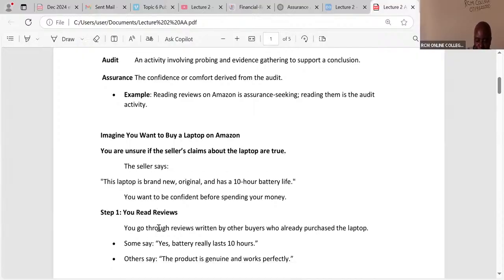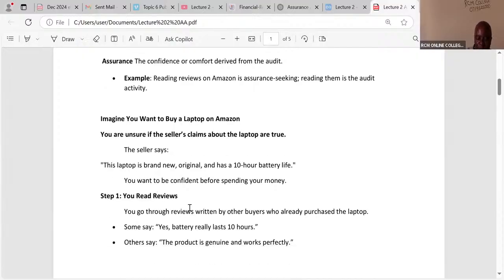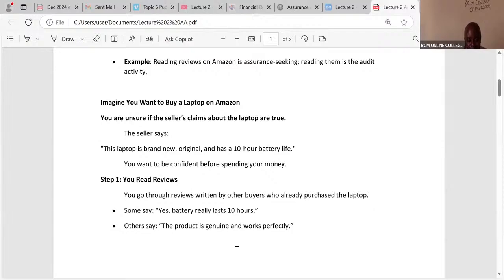You go to the reviews, you read reviews written by other buyers who already purchased the laptop. Some say, yes, the battery really lasts 10 hours. Happy customers. Others say the product is genuine and works perfectly.